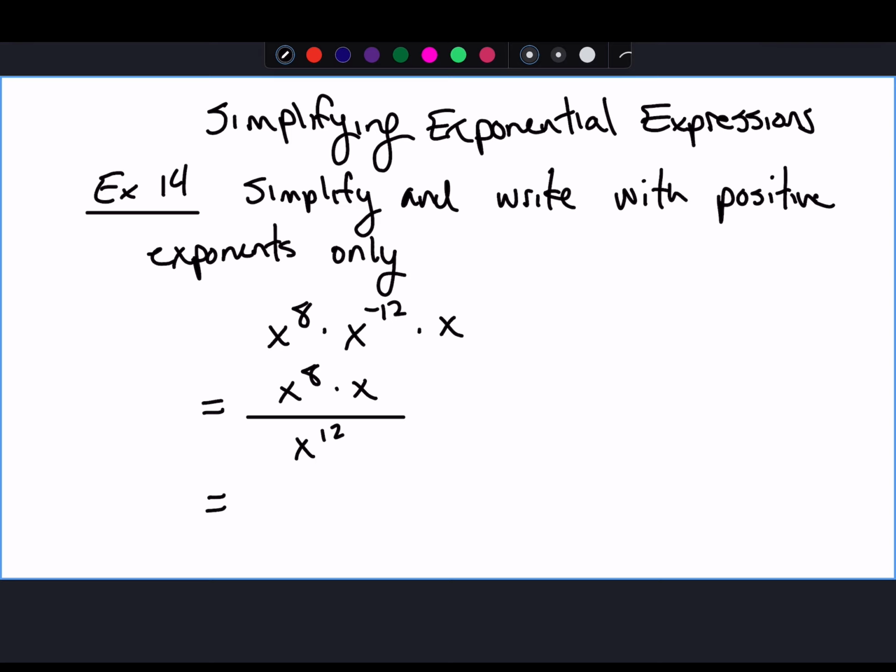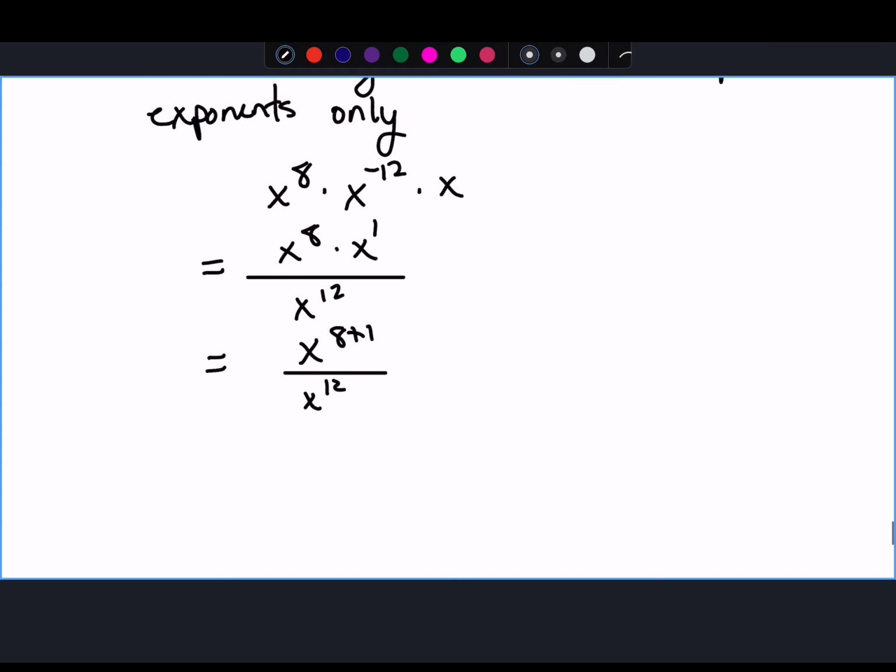What's the exponent on just x? It's 1. So we get x to the 8 plus 1 over x to the 12. What's x to the 8 plus 1? X to the 9 over x to the 12.